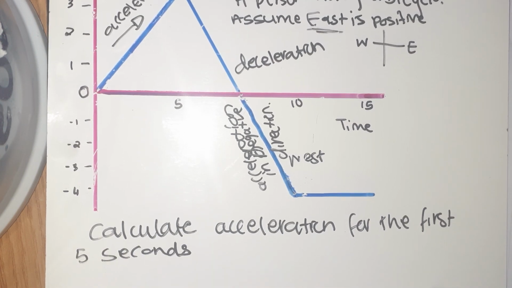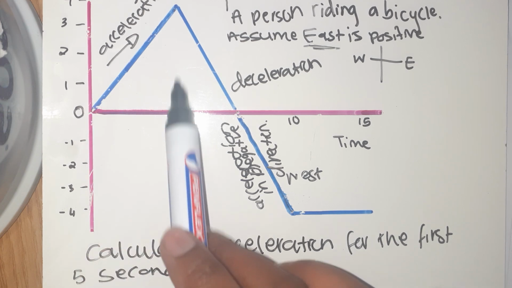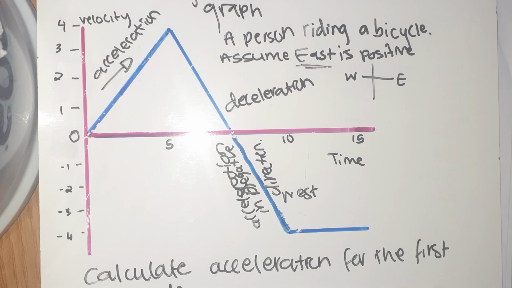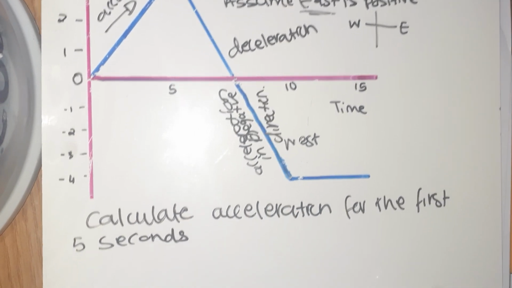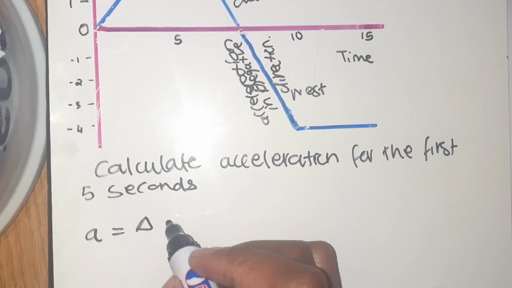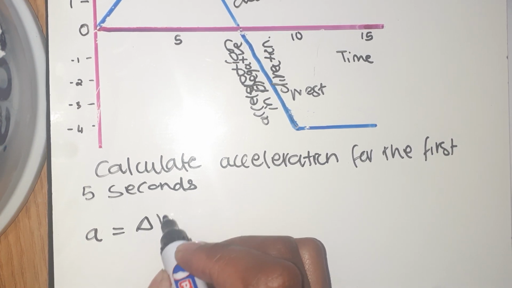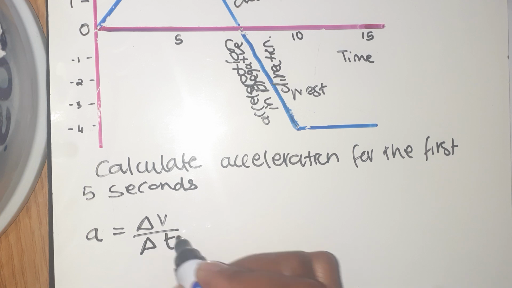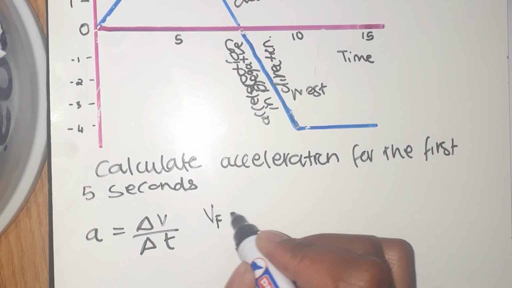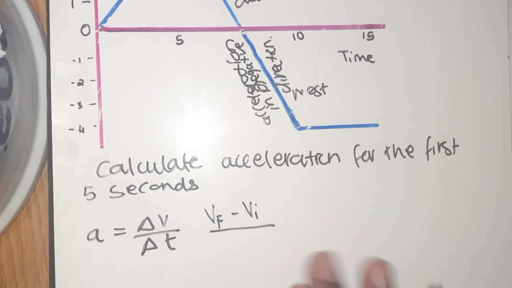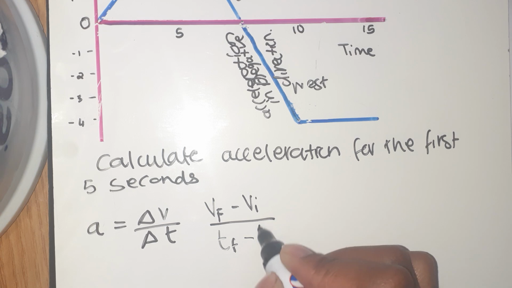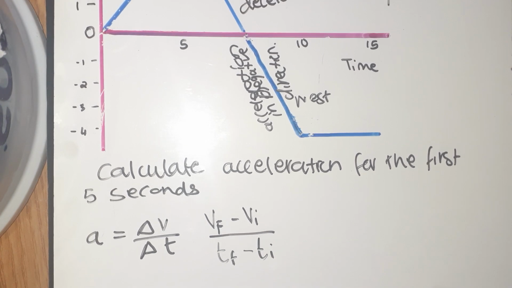So which means from here, this part here. The formula for acceleration is change in velocity over change in time. So this is final velocity minus initial velocity, all over final time minus initial time.